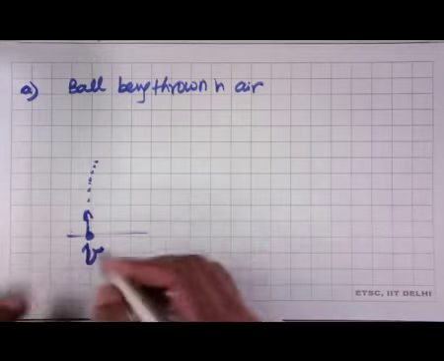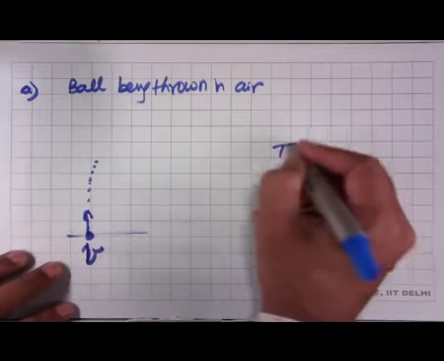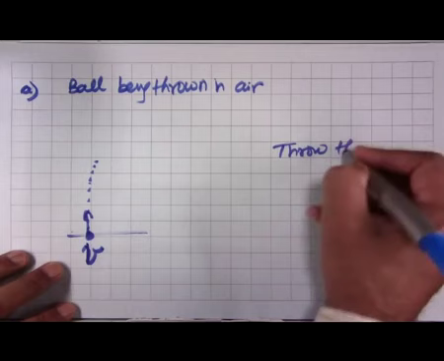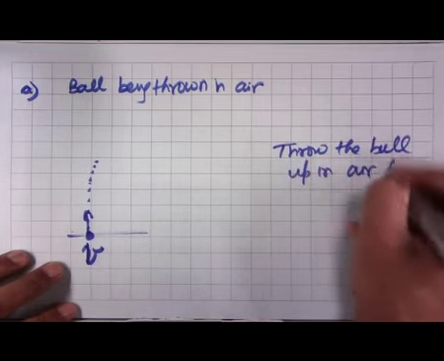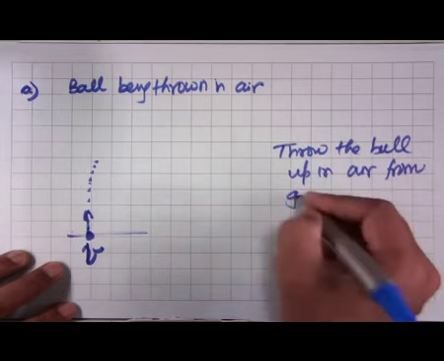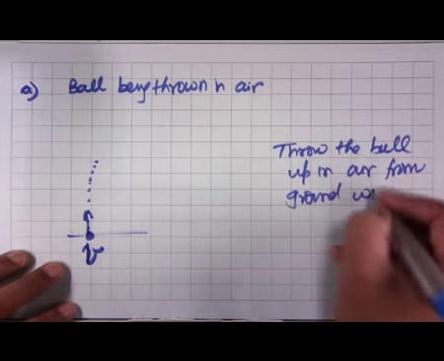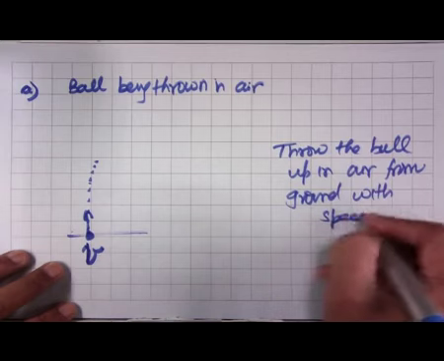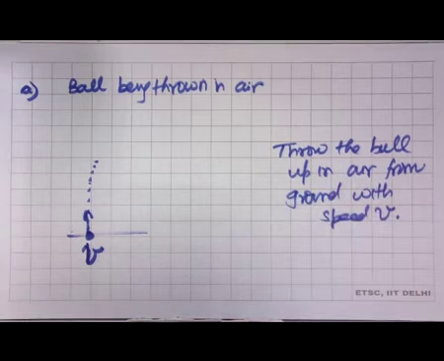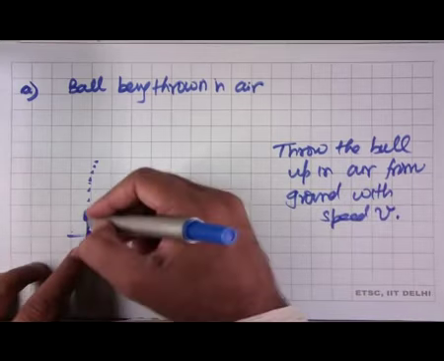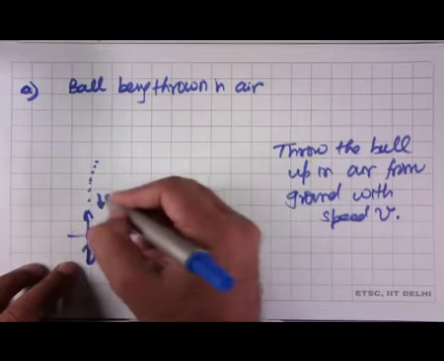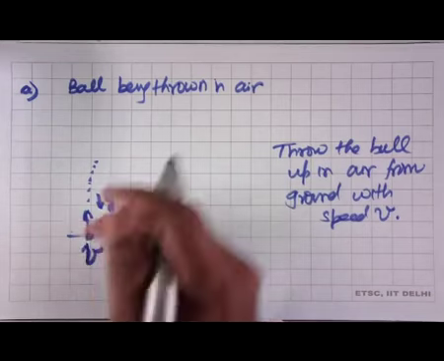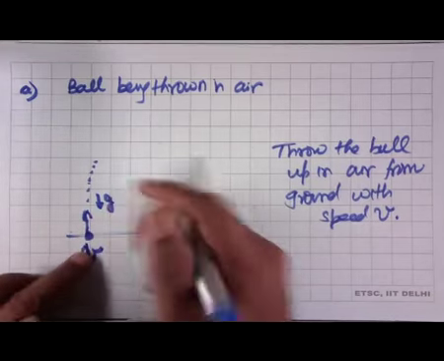We throw the ball up in air from ground with a speed v. Now, as the ball moves up, gravity is acting in the downward direction.